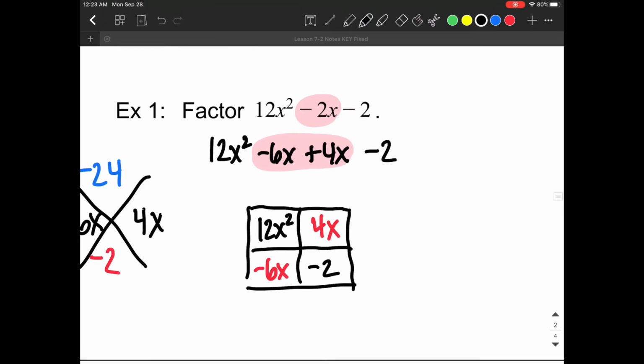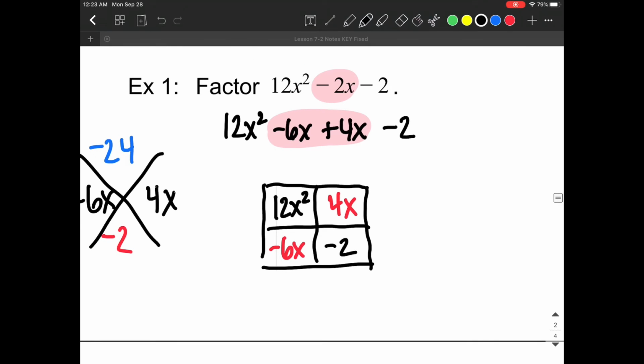From there, I'm going to find what works as the side lengths. I have to look at the 12x squared first. What two x terms multiply together to get 12x squared? Well, 12x times x would not work because no matter where I put 12x, it won't work for either one of these. I can't multiply it by a whole number to get 4x or negative 6x.